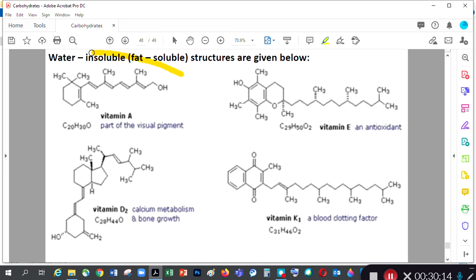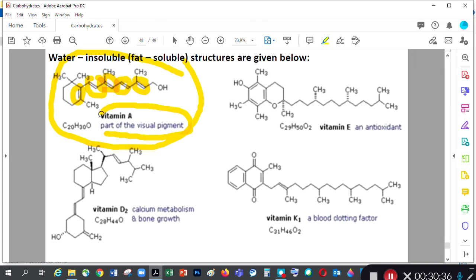This is vitamin A, and those double bonds here, double bonds here, double bonds here, another double bond here, those are the ones absorbing the free radicals. So this is vitamin A, part of the visual system, good for the eyes, protecting the eyesight. At the same time it is an antioxidant, because the many double bonds can absorb any free radical.